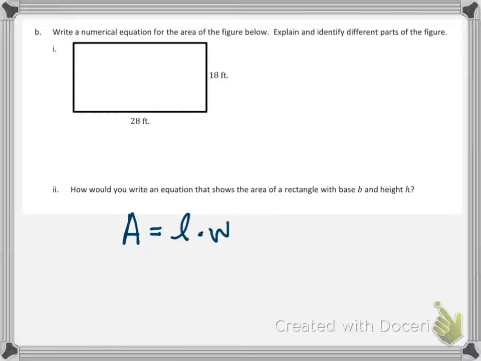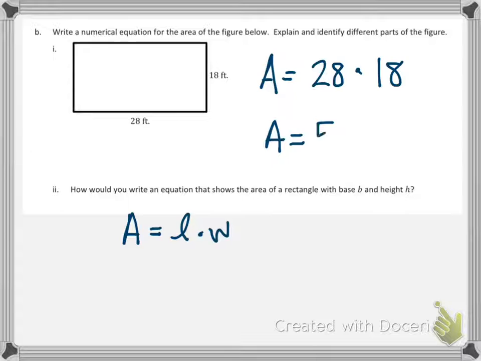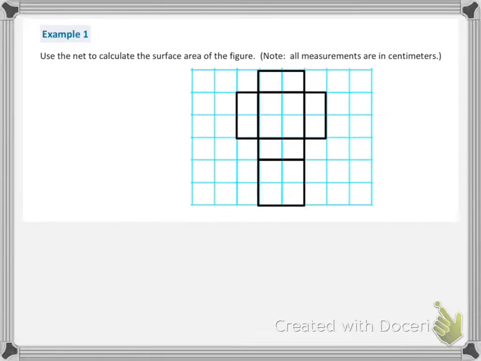So we're just going to say the area equals the length, 28, times the width, 18. So 28 times 18, with our calculator, is 504. So area equals 504 square feet. Okay, there's our opening exercise.